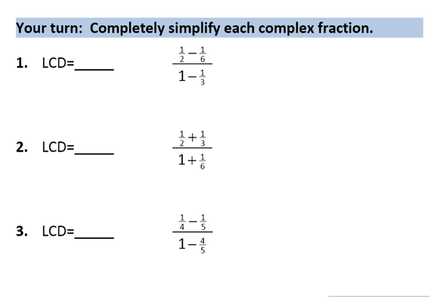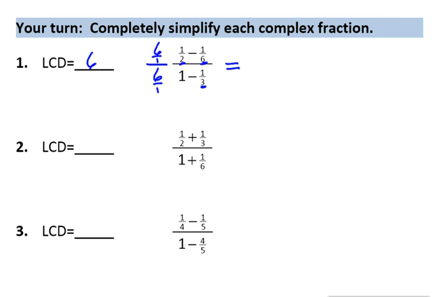We're going to completely simplify these. Since I'm choosing the second method, I want to know what the LCD is of all the little fractions. So I've got a 2, a 6, and a 3. So the LCD would be a 6. So I'm going to multiply this by 6 over 6. And when I do, you get 6 times 1/2, remember, it's 6 over 1.